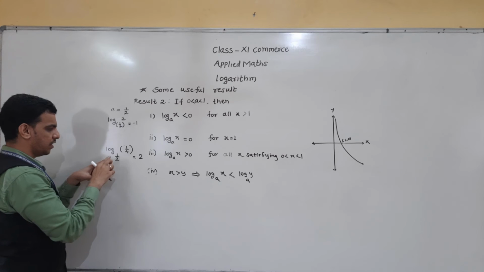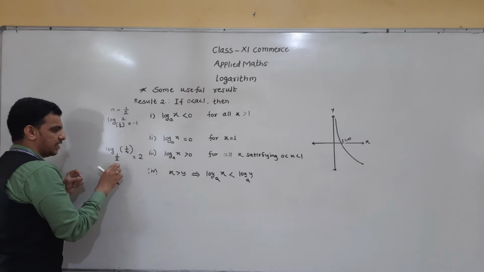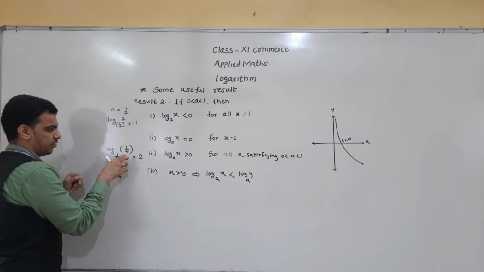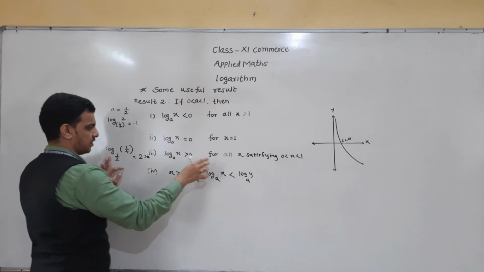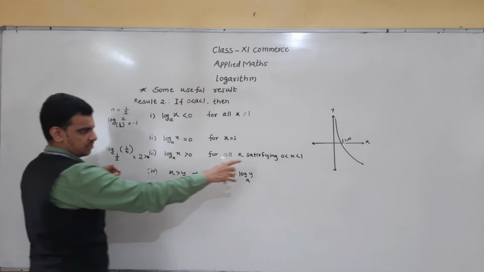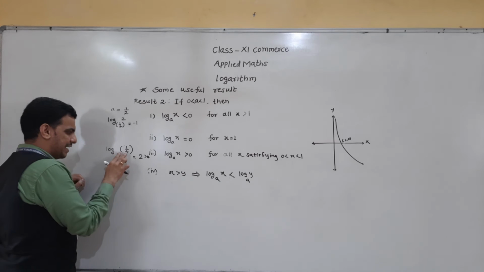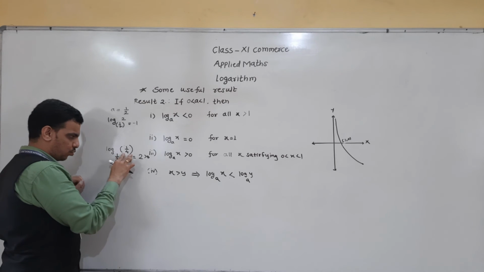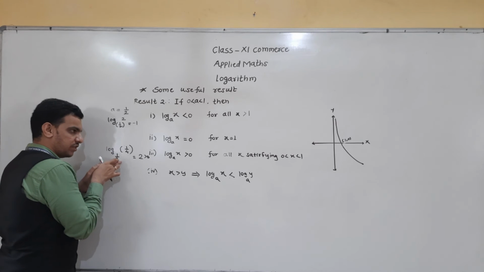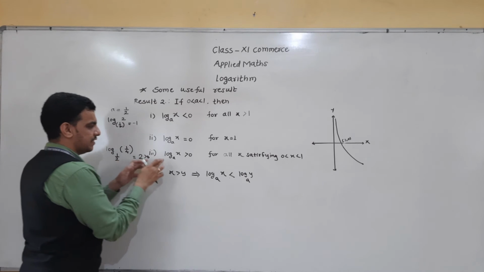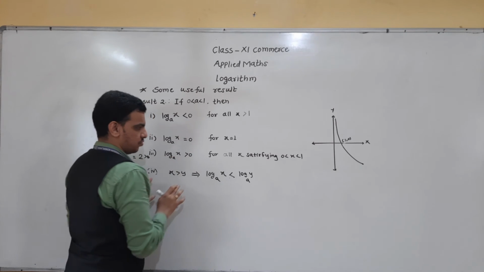So this is greater than 0 for all x in between 0 to 1. When x is in between 0 to 1 and the base is also in between 0 to 1, then log x to the base a is greater than 0.